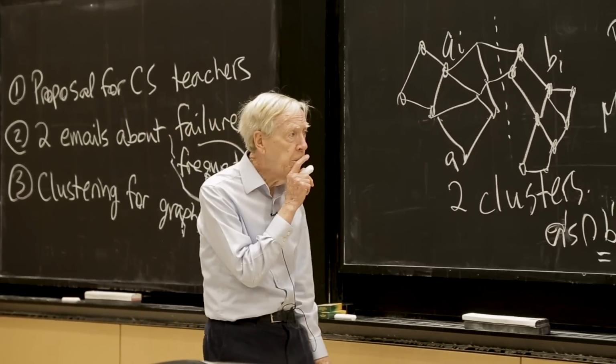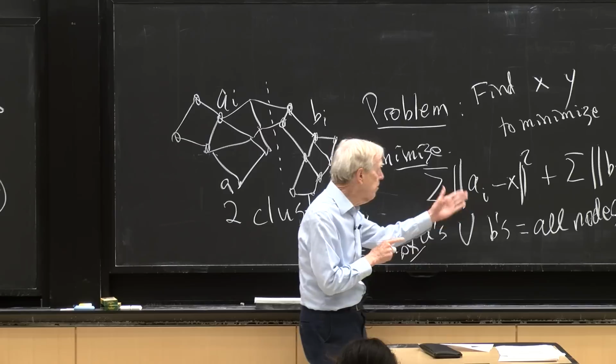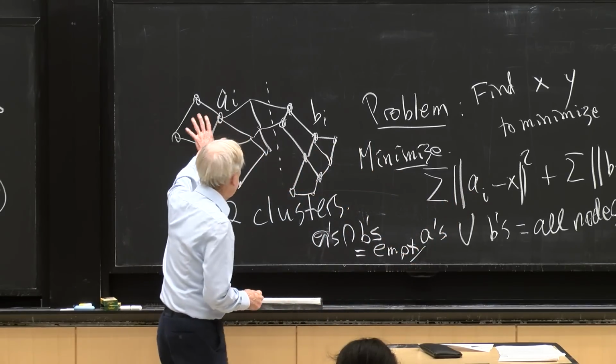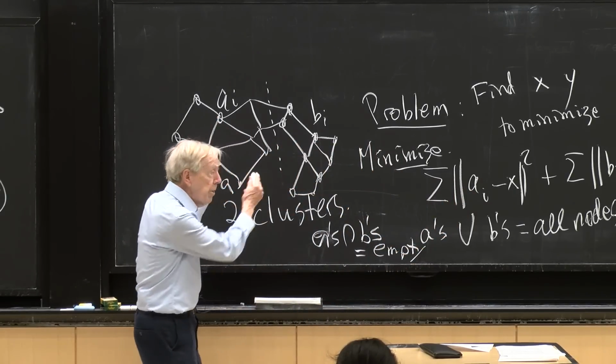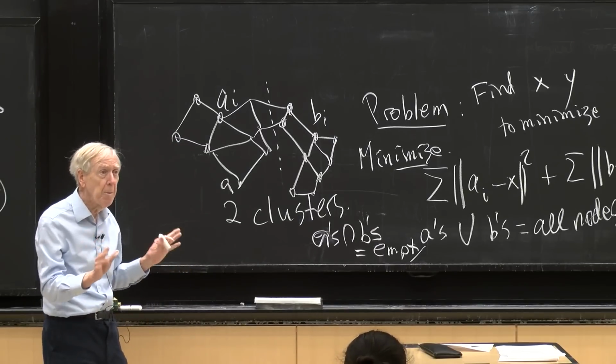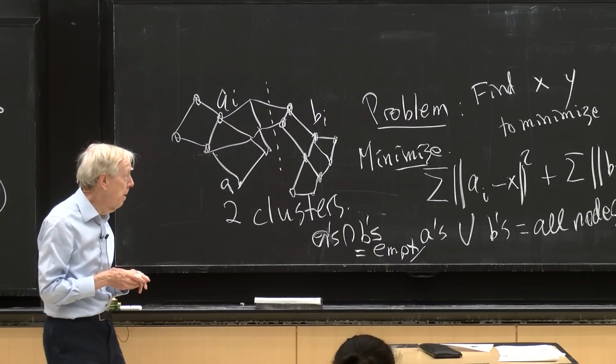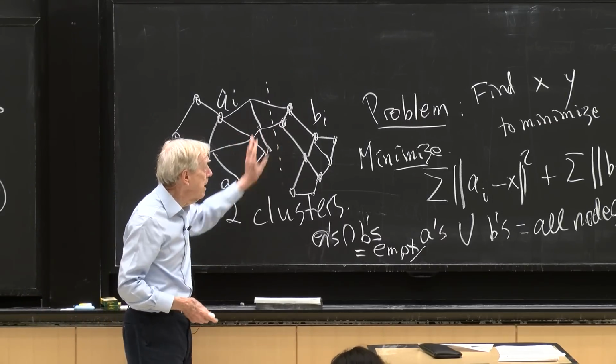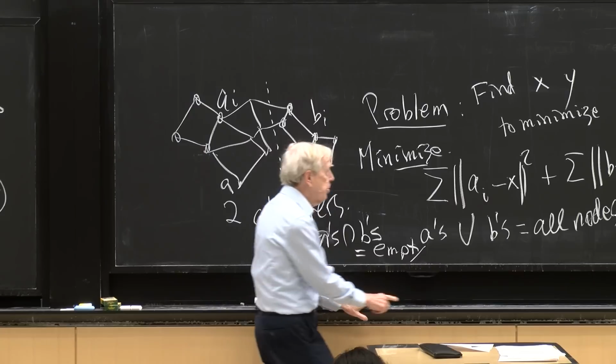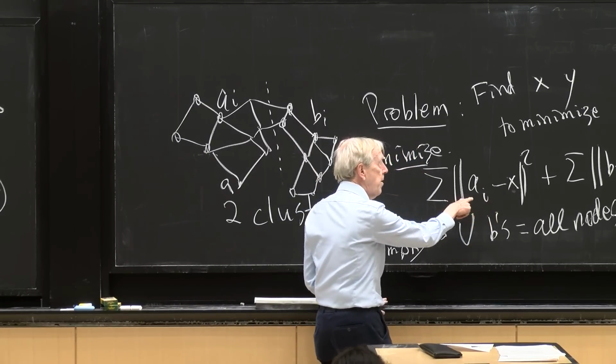First question would be: suppose I decide these are the A's and those are the B's, or some other decision. Probably some other decision. I don't want to solve the problem before I even start. So some A's and some B's. What would be the best choice of the X once you've decided on the A's?